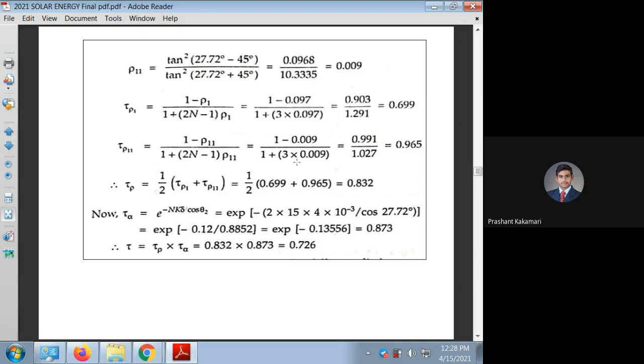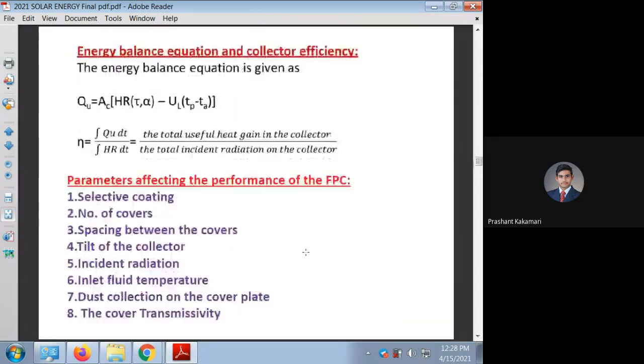Tau rho is how much? We got 0.832. Tau alpha is 0.87. So that is 0.726. This much energy is transmitted, means almost 72.6% of energy is transmitted on the absorbing plate after passing through two glass covers.